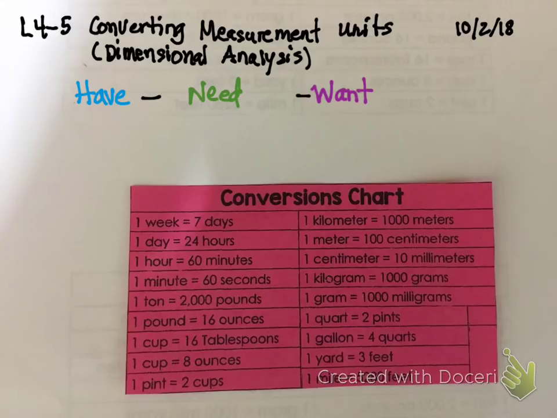Okay, so let's kind of fill in, what do I have? So have is the given measurement. The need is the conversion factor for that measurement to the measurement you want.